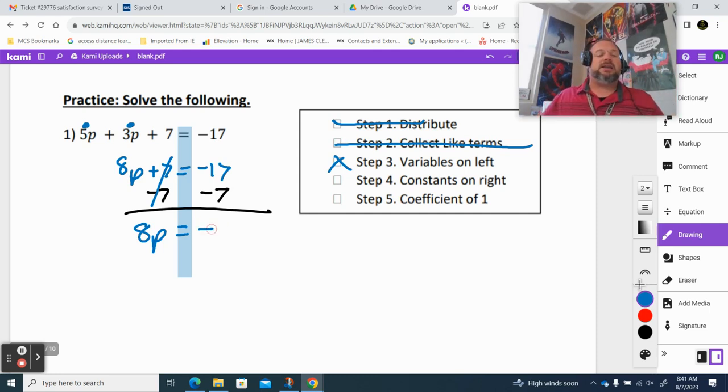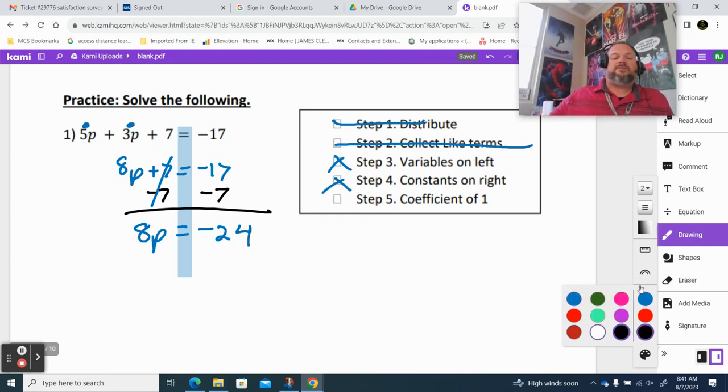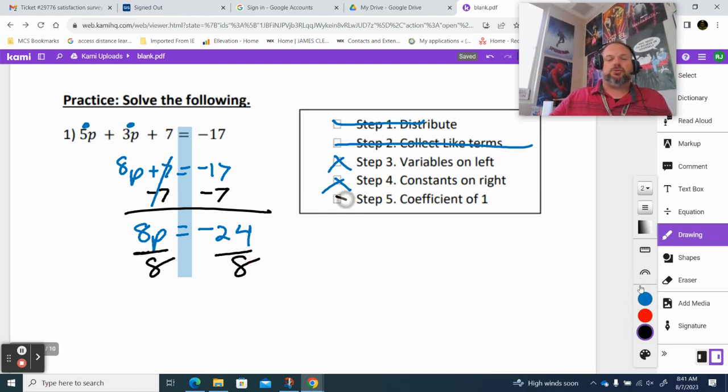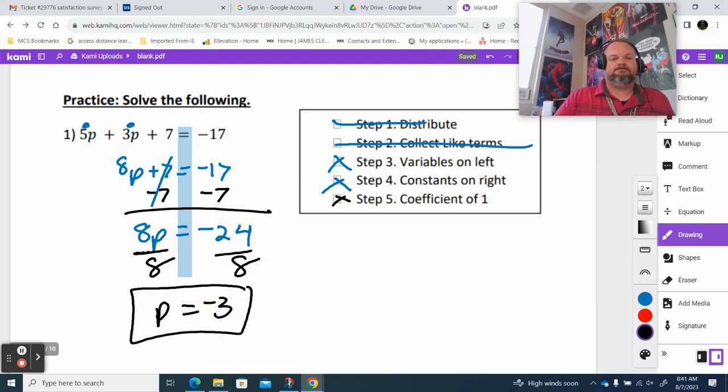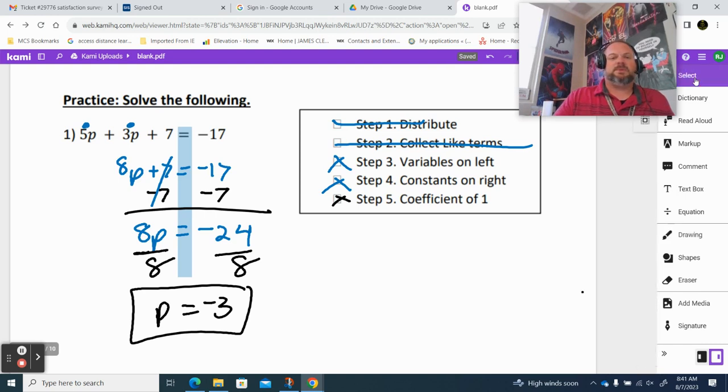Either way, you're going to get this. Constants on the right. The coefficient is 1, so we divide. We get P equals -3. Not too terribly bad.